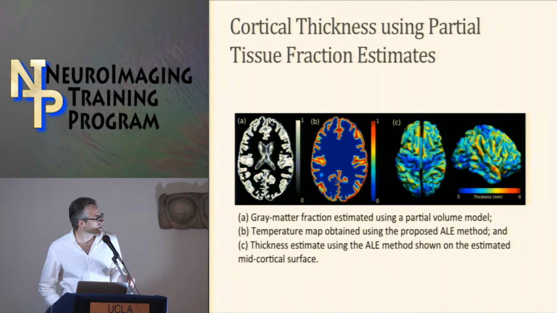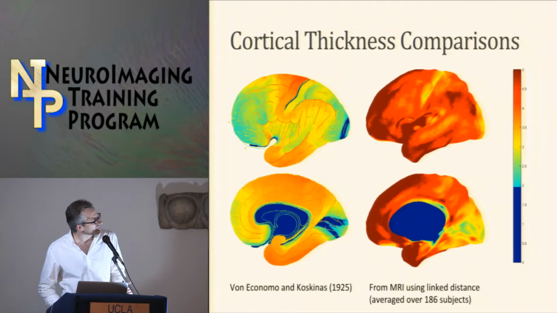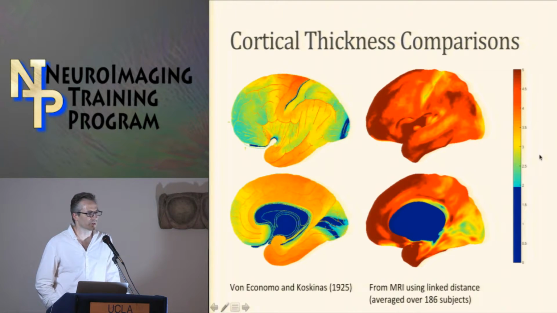I don't have the math in the slides here, but this is an example of comparing the cortical thickness maps computed by registering 186 subjects with our method, mapping 3 different types of thickness measurements and comparing them to a classical map by von Economo.